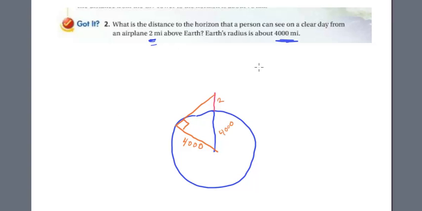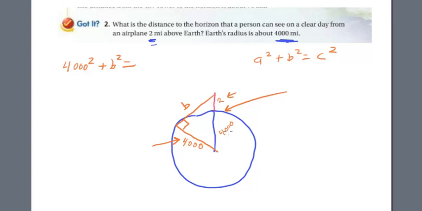So now we can apply the Pythagorean theorem, which says a squared plus b squared equals c squared, where c is our hypotenuse, and our c is 4,000 plus this 2. So we have a squared right here, 4,000 squared, plus what we're trying to find out, we're going to call that b, which is how far they can see, b squared, equals c squared.